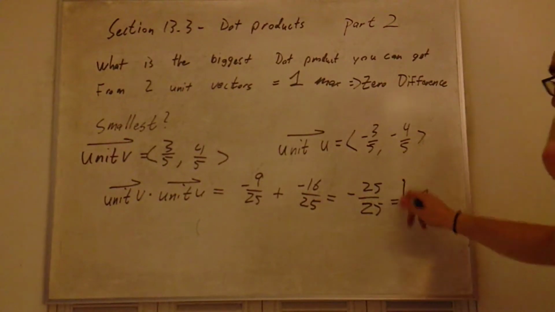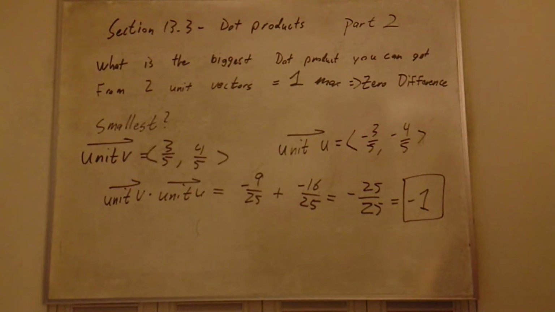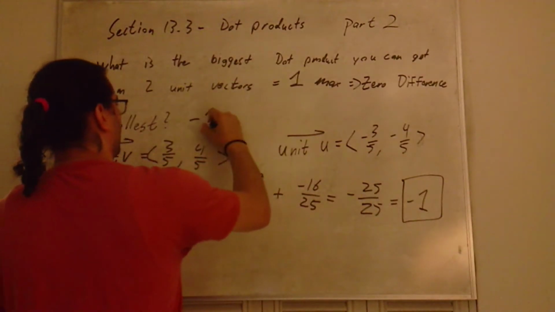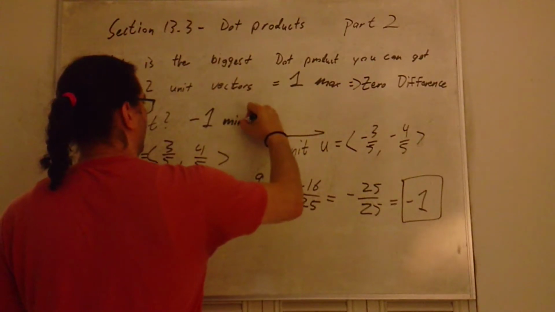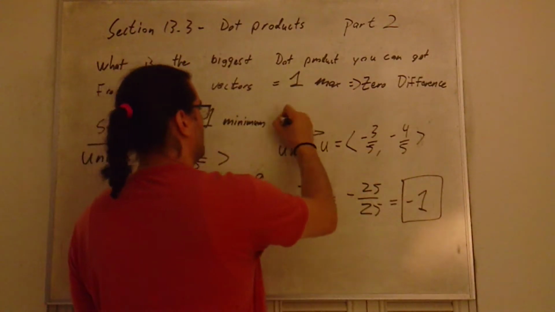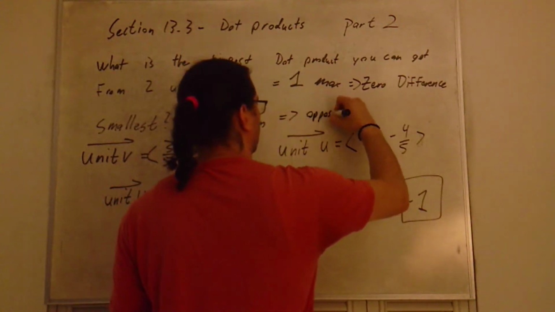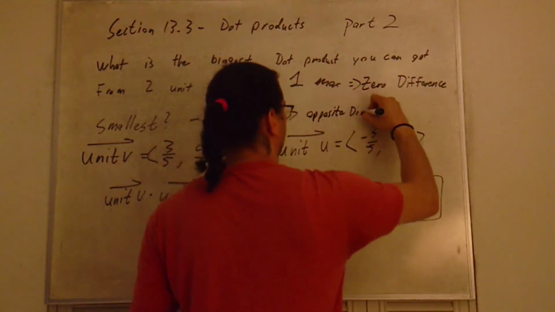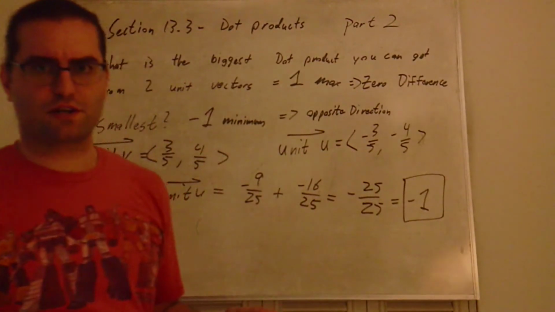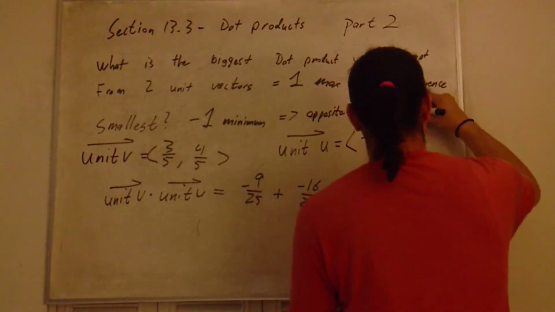This is the smallest possible dot product you can get from two unit vectors. So negative 1 is the minimum, and that implies the exact opposite direction, which, if we're talking about exact opposite direction in degrees, this would be a 180-degree difference.